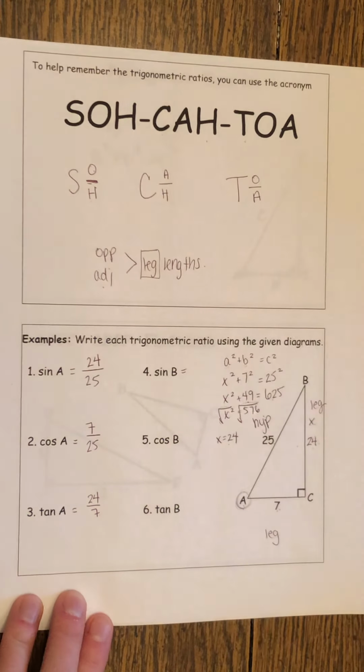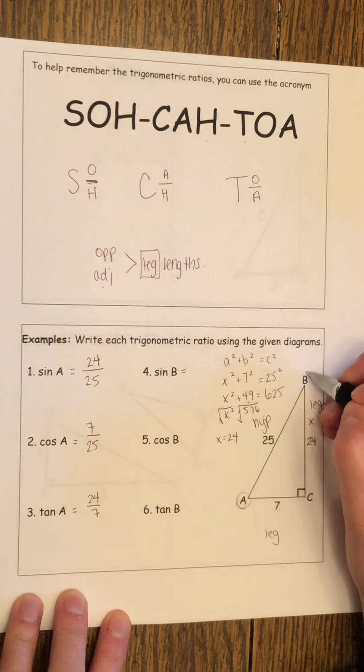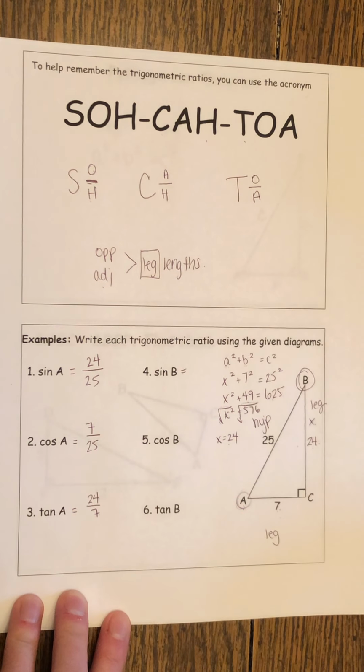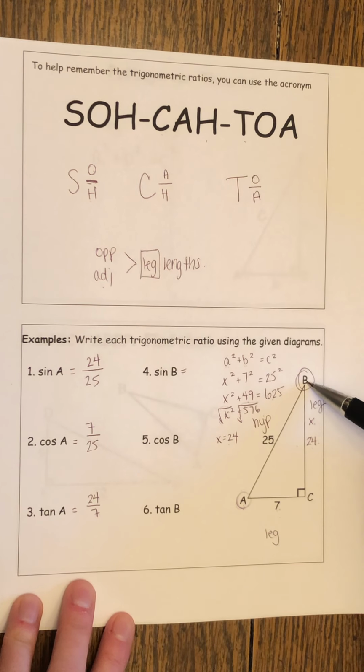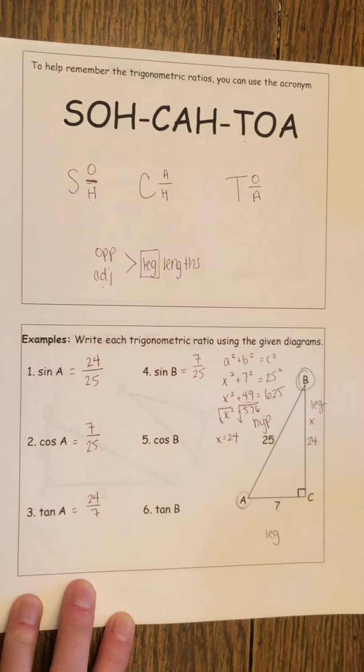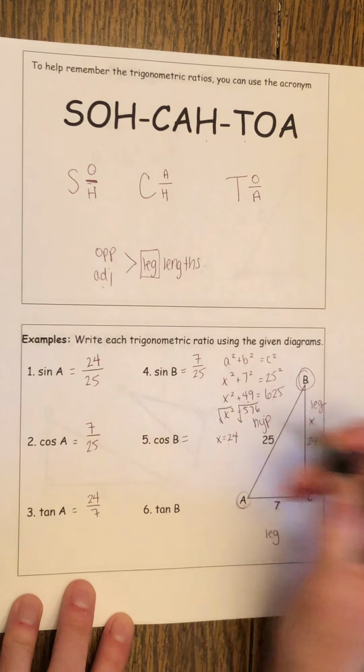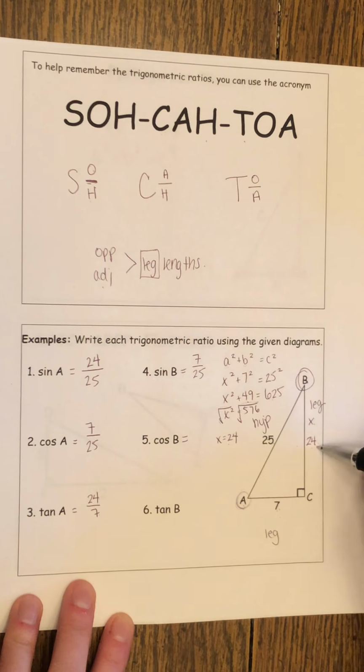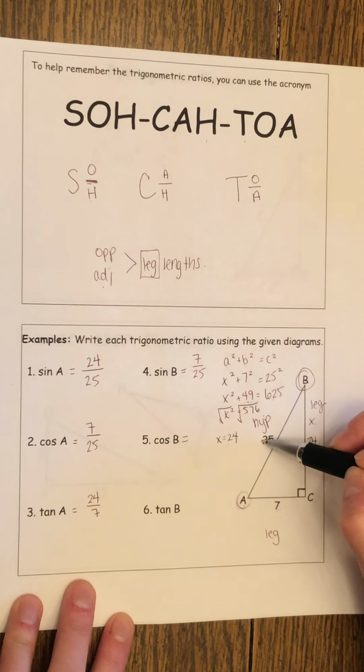All right, let's move on now to the next 3, where angle B is our reference angle. Sine is equal to opposite over hypotenuse. So the opposite leg length in reference to angle B is 7 over the hypotenuse, which is not changing in this problem, 25. The cosine of angle B: cosine is adjacent over hypotenuse.